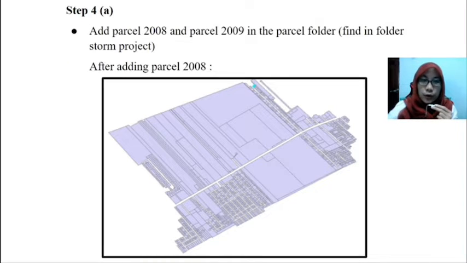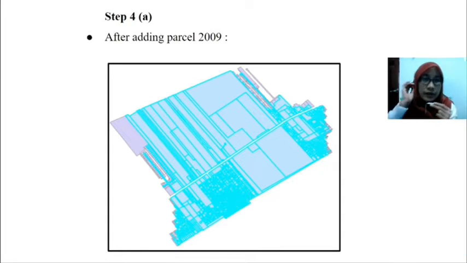Here is the figure after we add puzzles 2008. This is what we get from the ArcGIS software. The next is a figure when we add puzzles 2009.